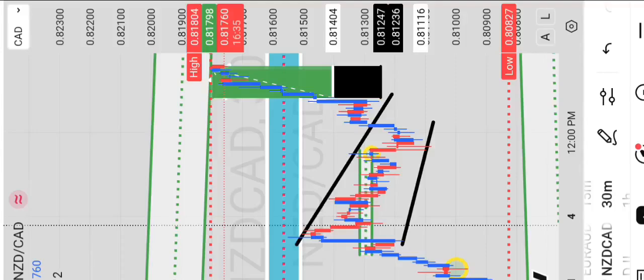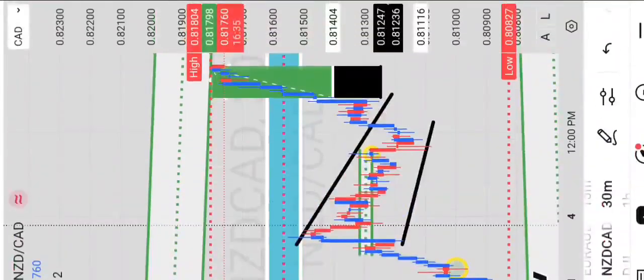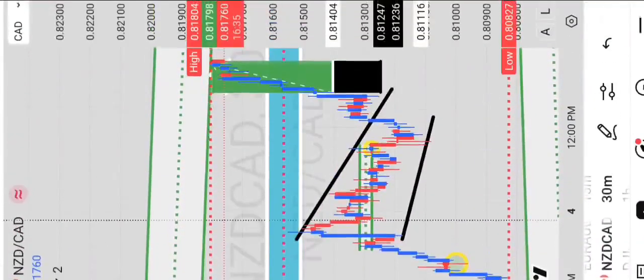Like I said, I took this trade. If you look at my thumbnail, you will see I also included the trade I took on this pair. I made a little bit of money. I went out of the trade.